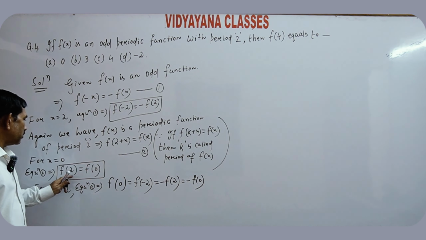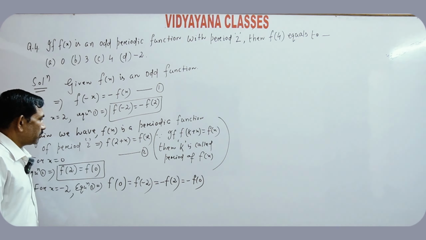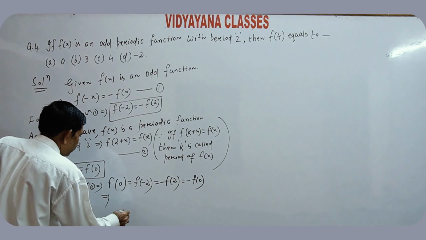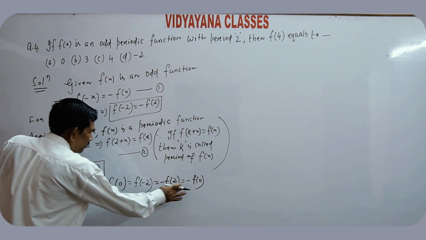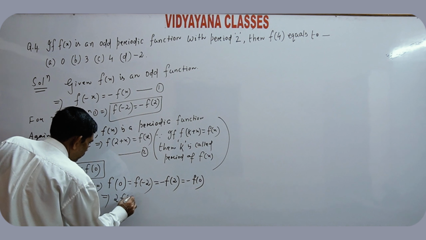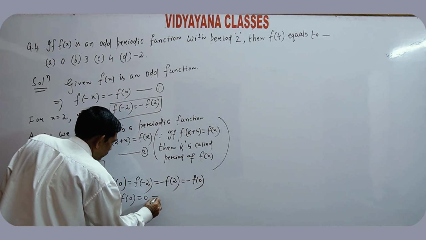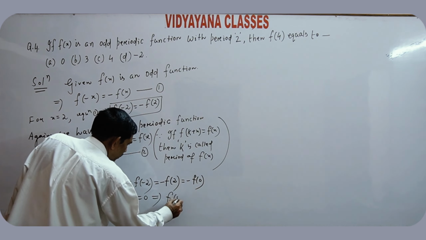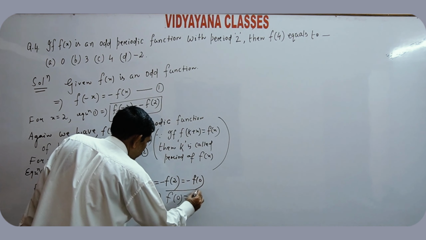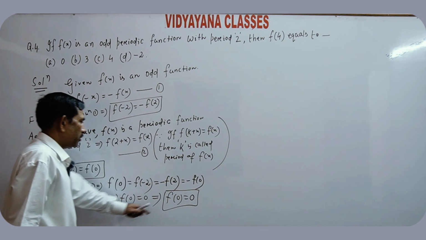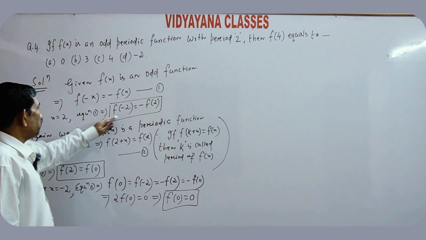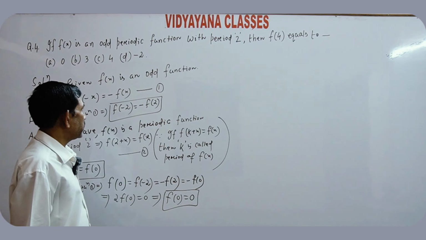Again we have f(2) is equal to f(0). So it is minus f(0), which implies f(0) is equal to minus f(0). 2 times f(0) is equal to 0, which implies f(0) is equal to 0.